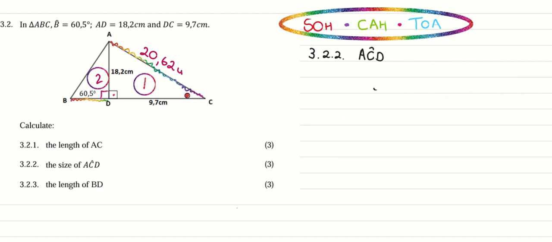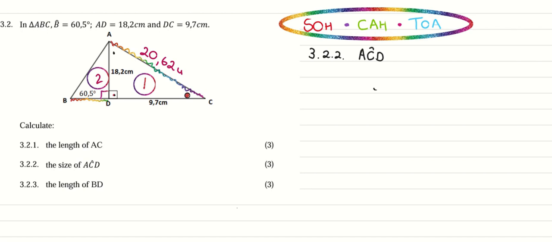Okay, so next we have to find ACD. ACD is the angle in the bottom left encircled in black here. Okay, and that is an angle within a rat, but also within a triangle as a whole. This angle C plus this 90 plus this missing angle will add up to 180.